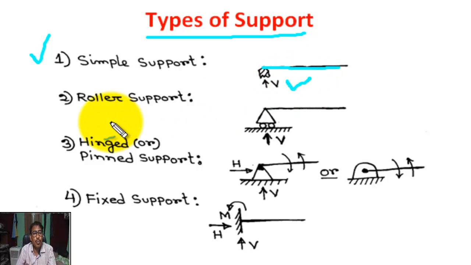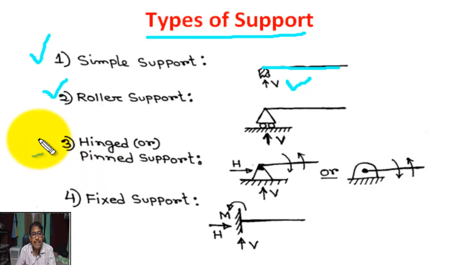Here only vertical reaction. Number two, roller support. This is the roller support, this is the beam. When the end of a beam is supported on a roller, it has only vertical reaction.